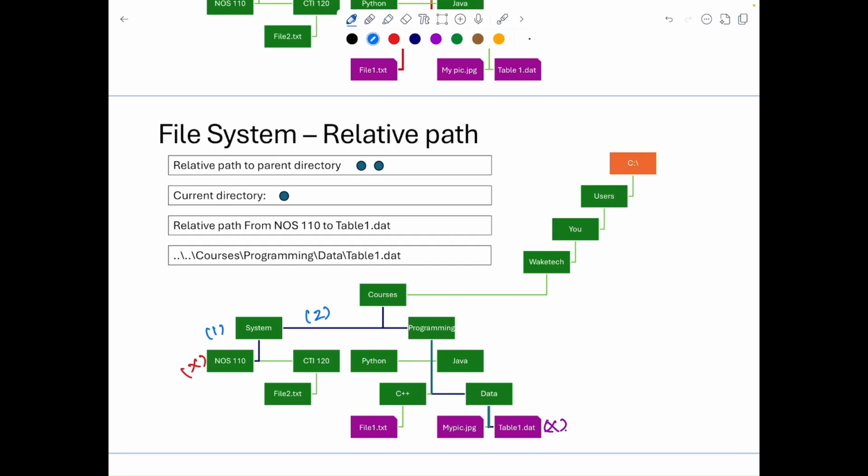So from courses, I can go to programming. From programming, I can go to data, so I'll go to data here, and then from data, I can access my table1.dat file.